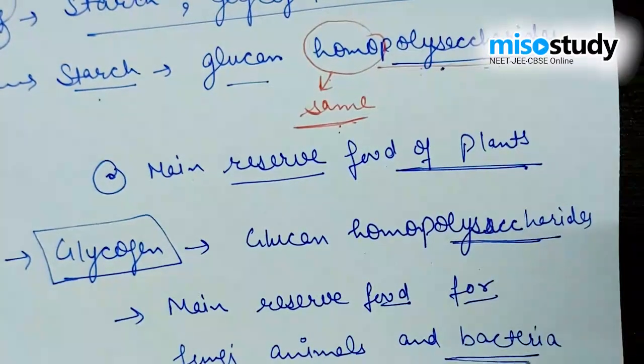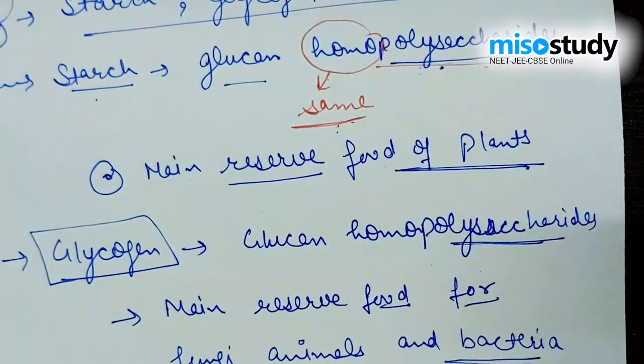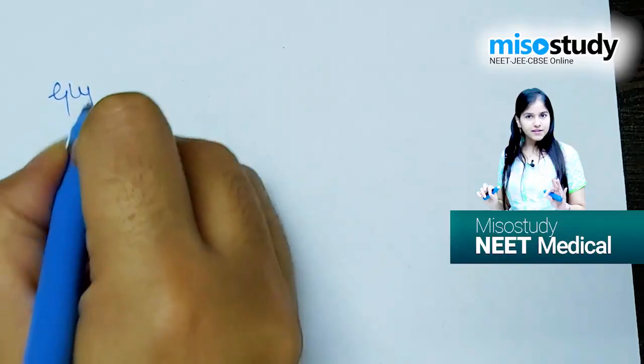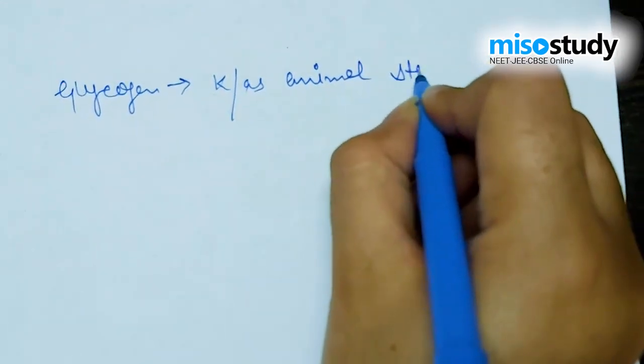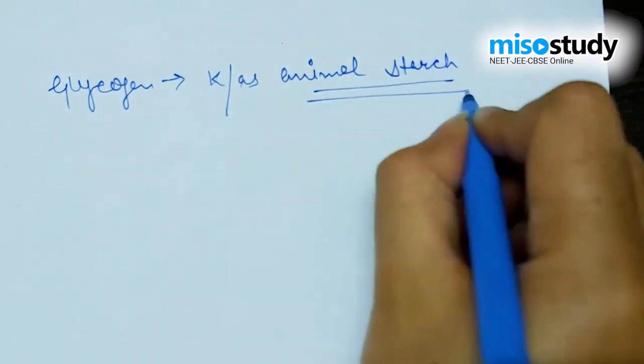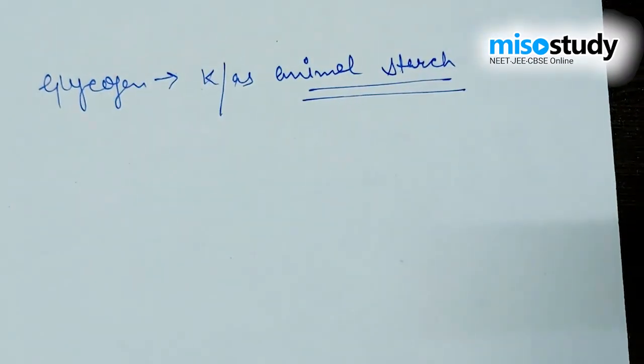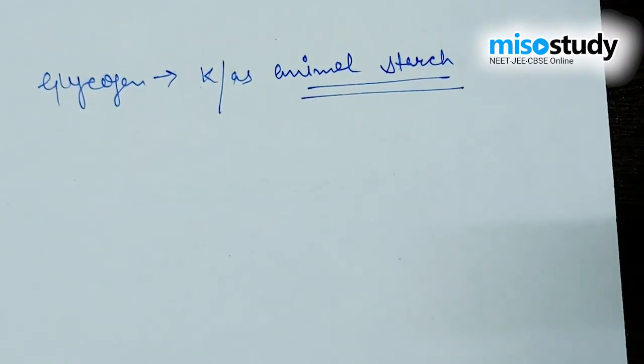Not all bacteria, only in some bacteria cases. So glycogen is also known as animal starch.